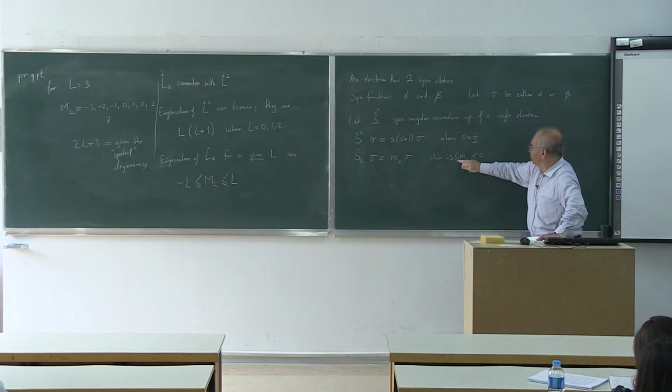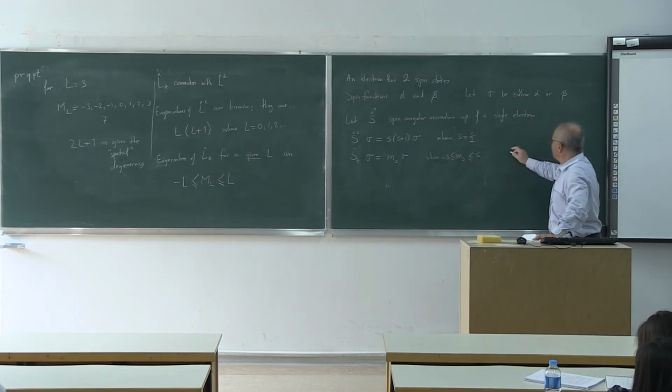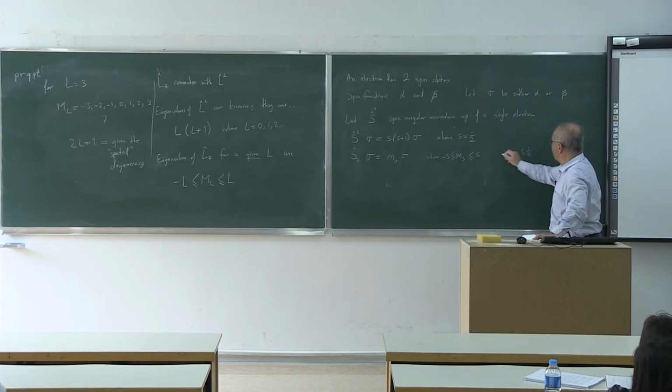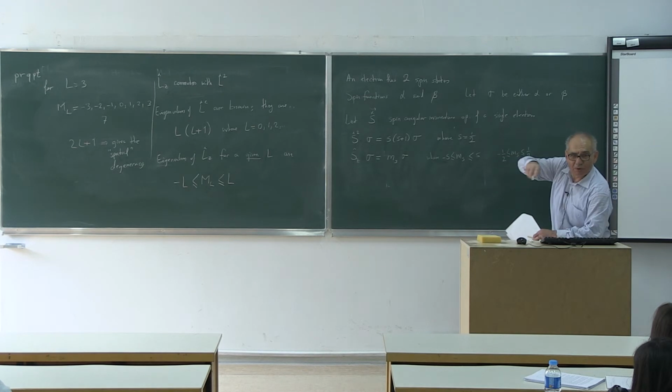And how many m sub s values are there here? Between 1/2 and minus 1/2 in integer steps. The lowest value is minus 1/2. Add plus 1, what do you get? Plus 1/2.